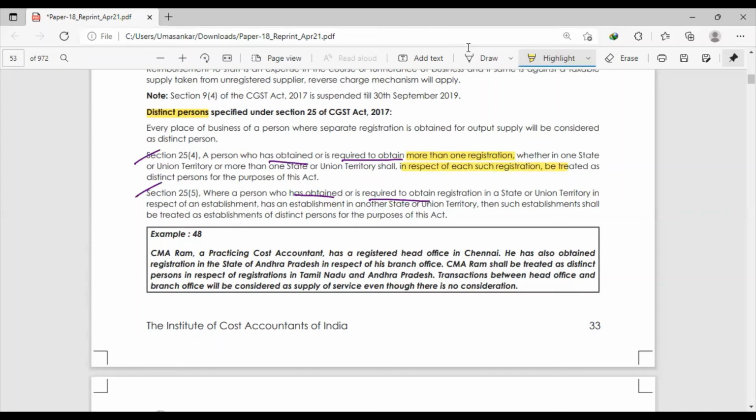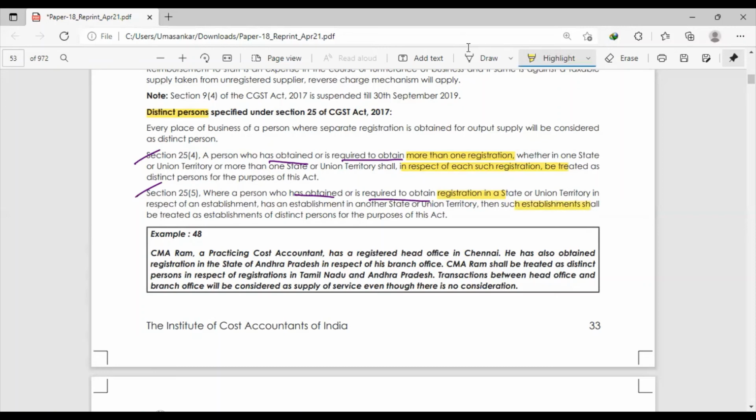And section 25(5) says where a person who has obtained or is required to obtain registration in a state or union territory in respect of any establishment has an establishment in another state, then such establishment shall be treated as an establishment of a distinct person.